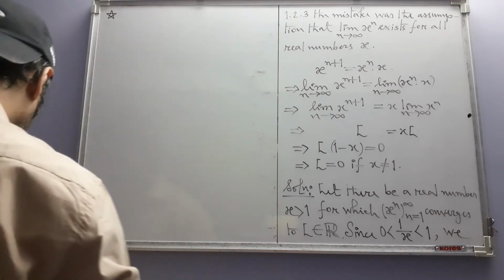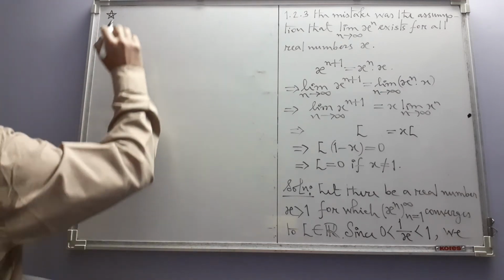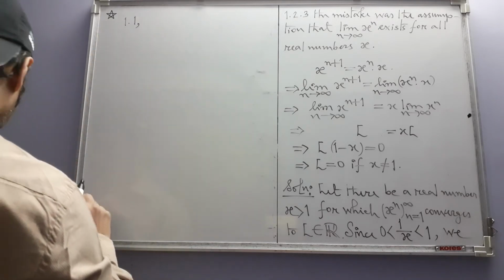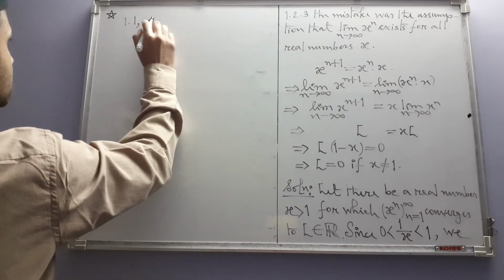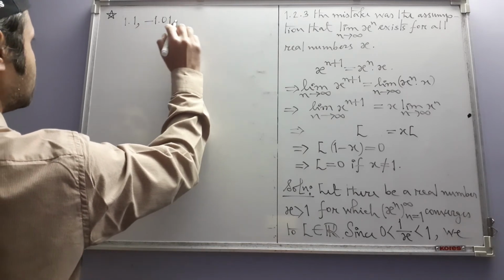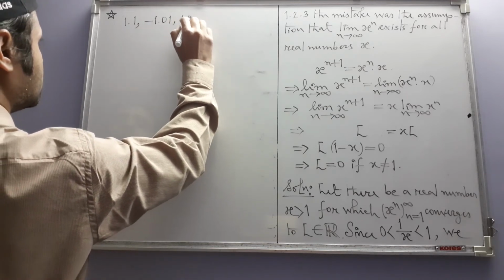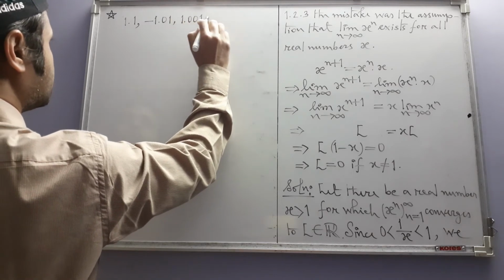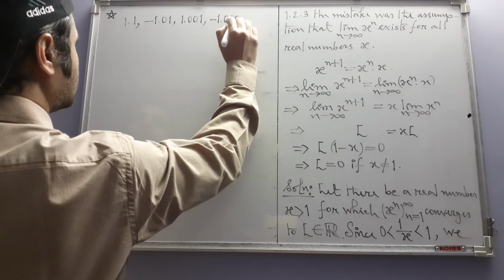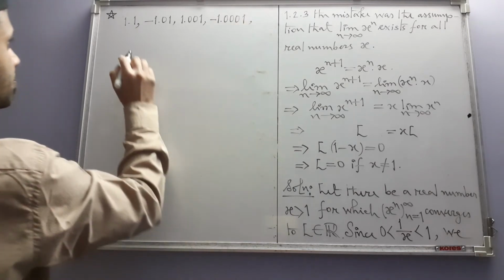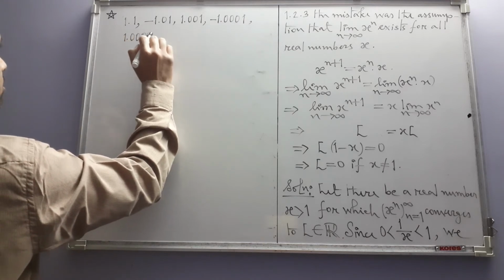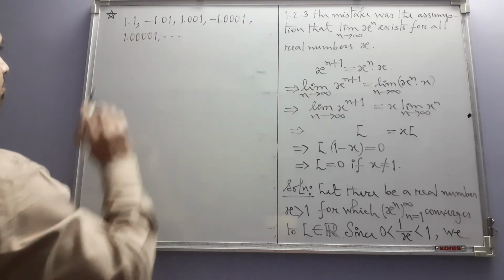Let us consider this sequence whose terms are like this: minus 1.01, 0.001, minus 1.01, 1.001, and so on.